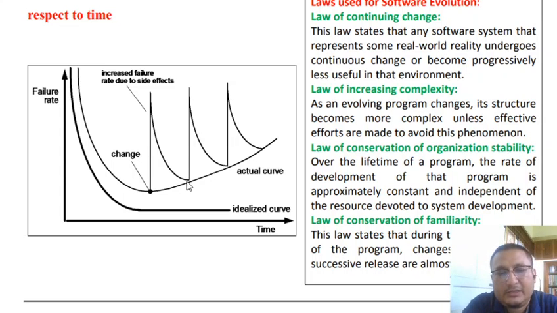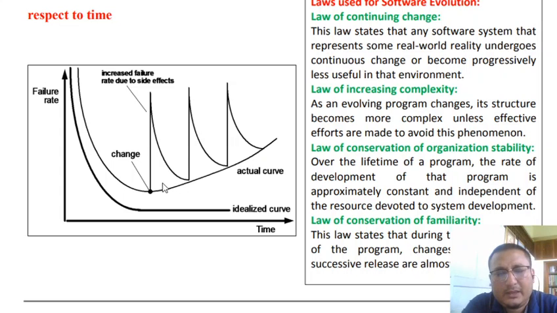So here you'll see that the system has become much more unstable because of the structural transformation that is taking place. So likewise, it continues. Here also a change is being introduced. The failure rate spikes up, right? Again, you need to bring down the failure rate, right?